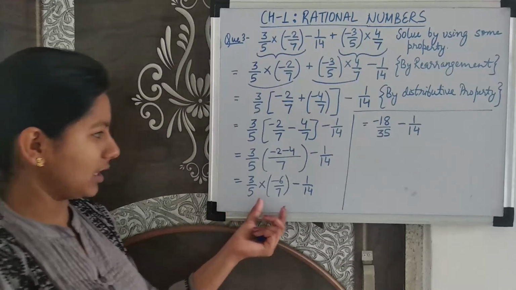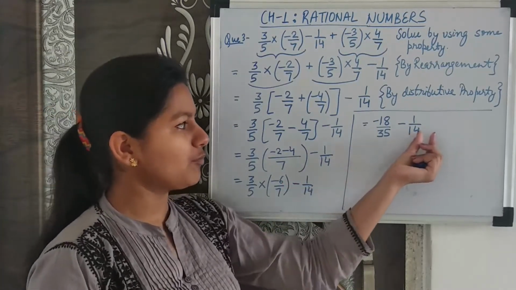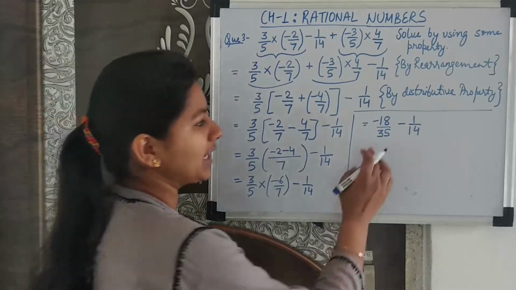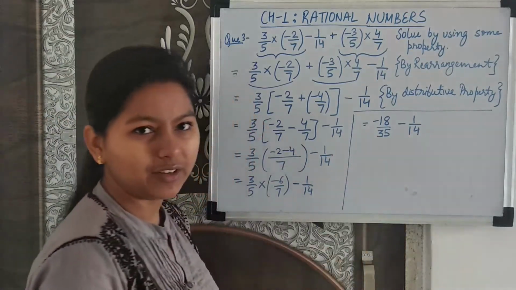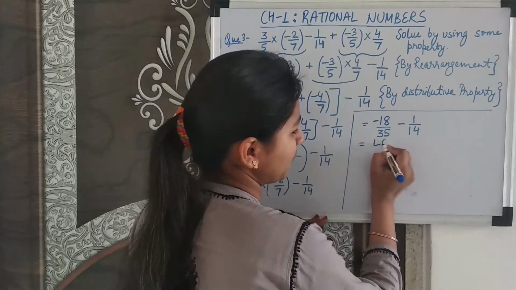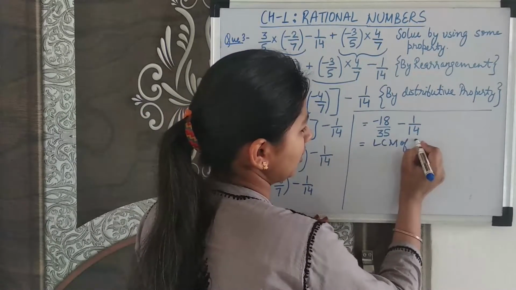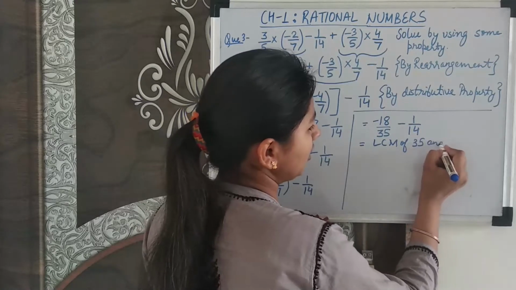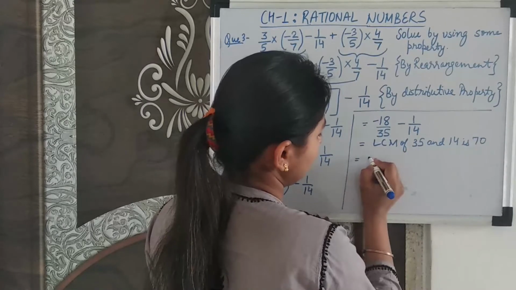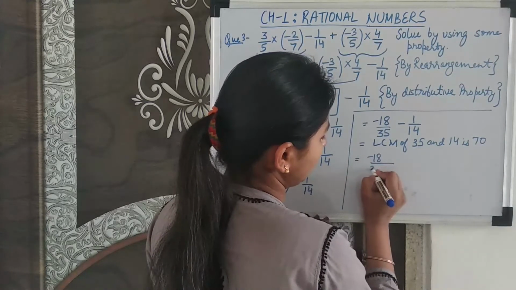So now next one denominator I am having as 35 and the another denominator is as 14. So first we have to find the LCM of 35 and 14. You can check, it will be 70. LCM of 35 and 14 is 70. So minus 18 upon 35.